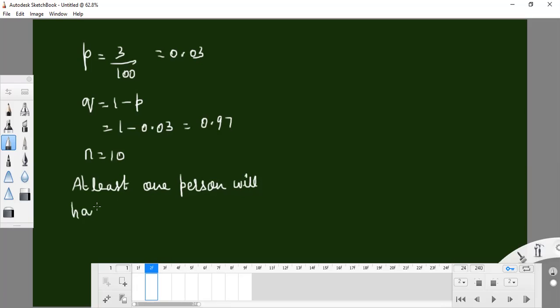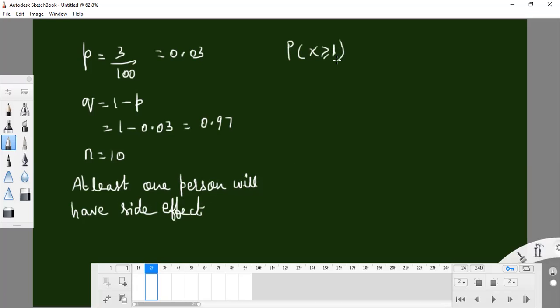What is the meaning of at least? At least means greater than or equal to. That is P of x greater than or equal to 1. But it is not possible to write all the values because it is a lengthy process.